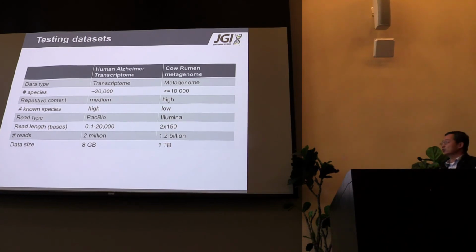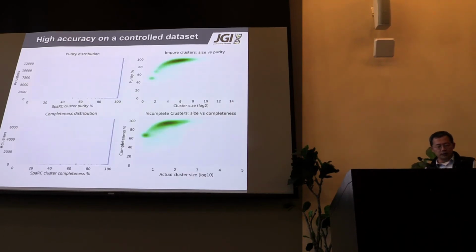So when we have a solution, we will be able to know the answer. And this data set is generated from a different technology called PacBio, and the read lengths are much longer. They can be up to 20 kilobases, and there are about 2 million reads, and the total data size is about 8 gigabytes.